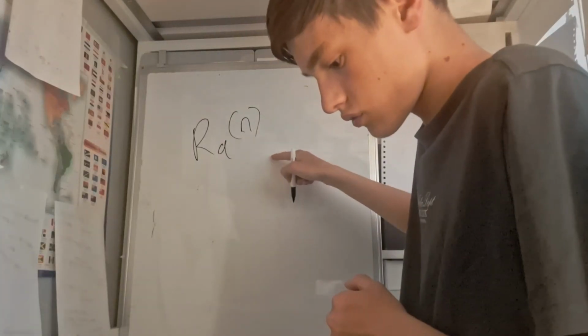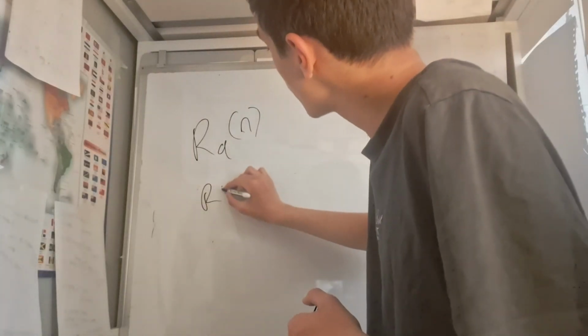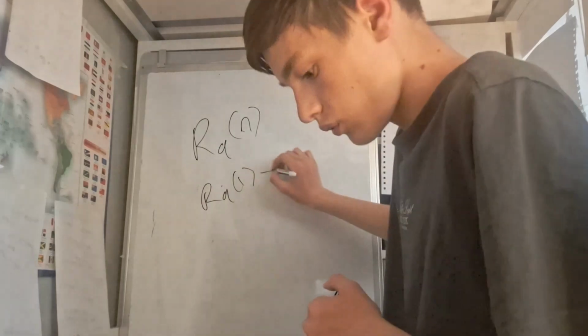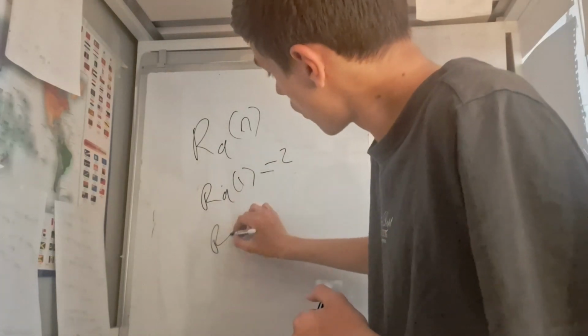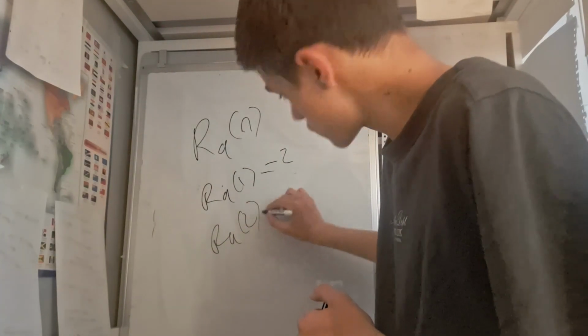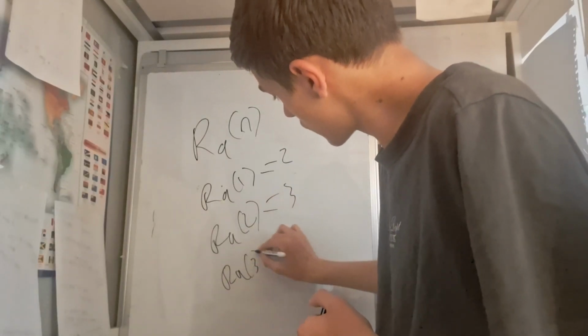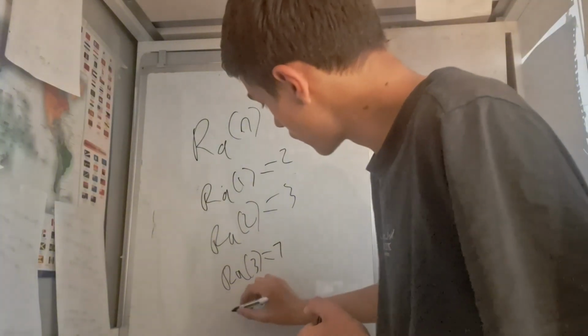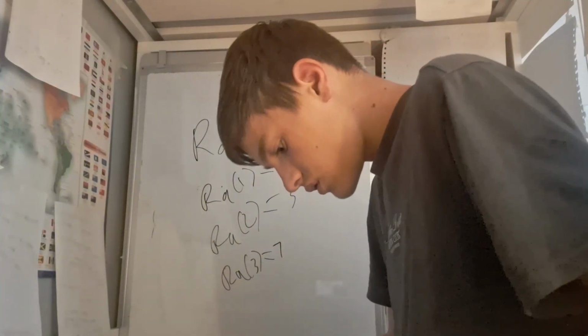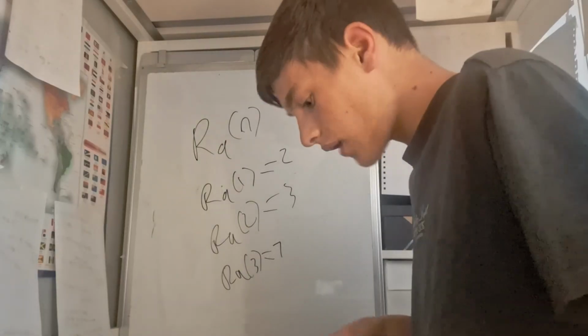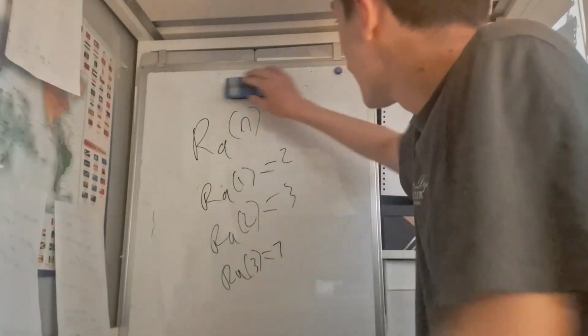Real after numbers. RA1 is equal to 2. RA2 is equal to 3. And RA3 is equal to 7. Now, the thing with this sequence is, I don't even know, what I've just taught you is about how to find the difference between sequences.